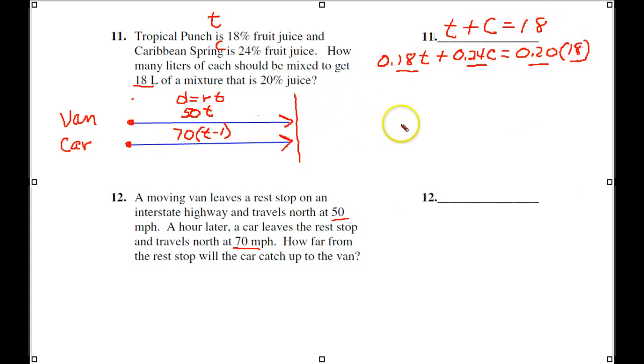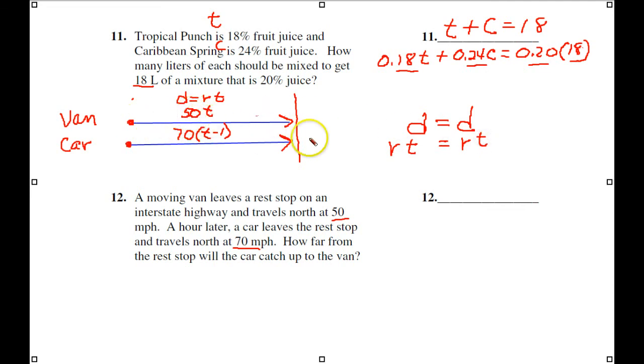Okay, so going on, we have distance equals distance. And part of this is the formulation of what we're doing. So what did we say distance was? Well, distance was rate times time, and rate times time. And believe it, we have it right there.